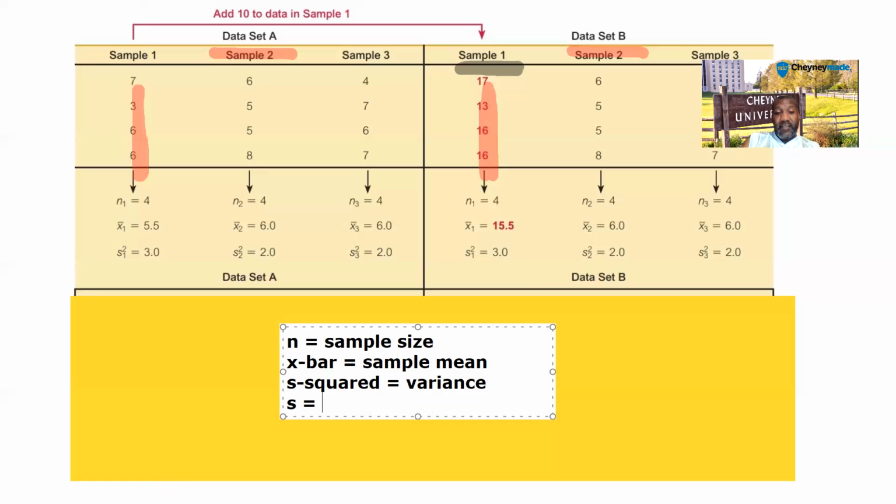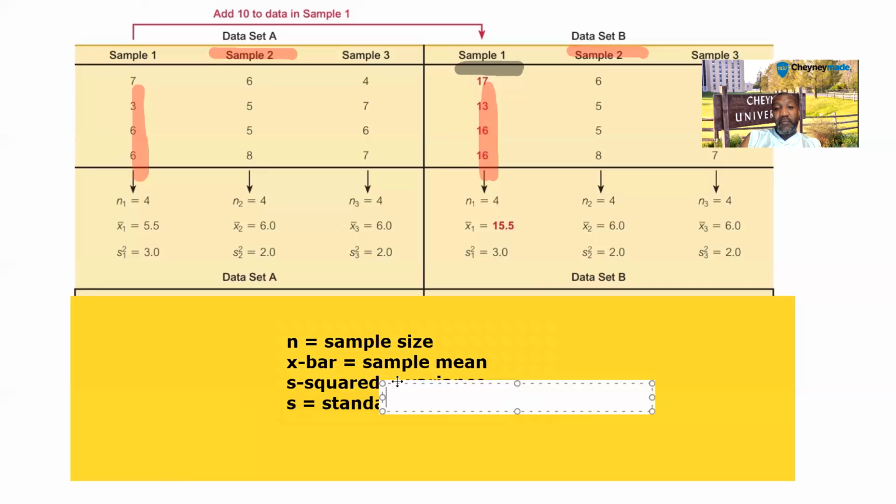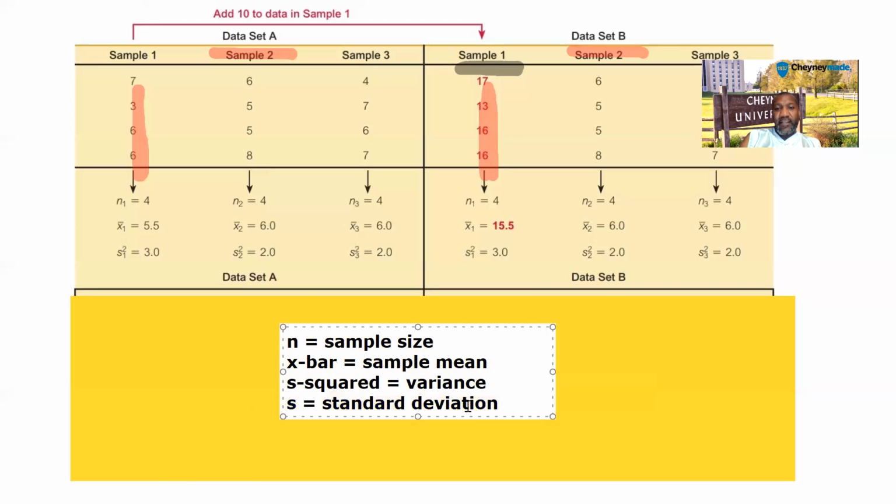Standard deviation. S by itself is standard deviation. S squared is the variance. Absolutely right.